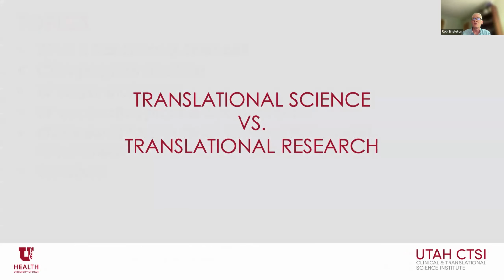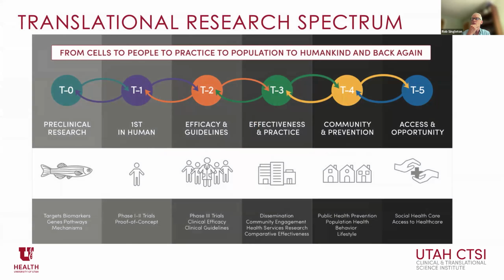I want to start by just drawing a distinction between translational science and translational research. We all know translational research is this spectrum of advancing a concept from preclinical research into work with humans in order to develop a biomedical technology.